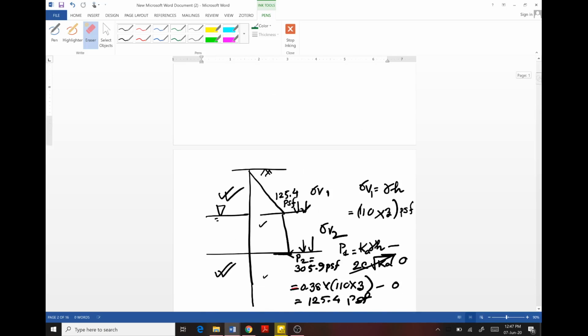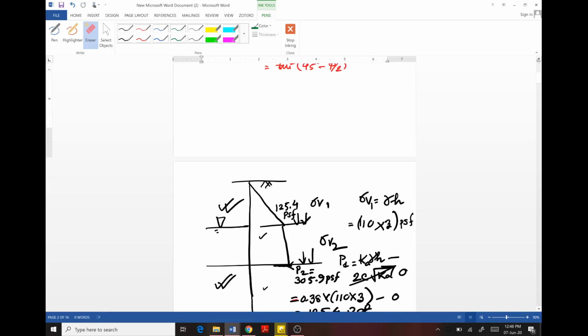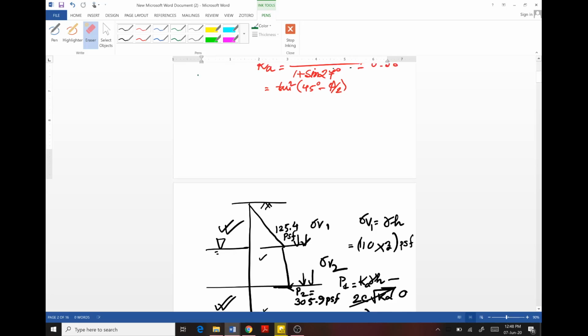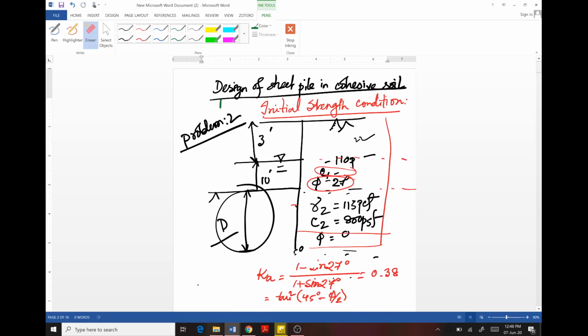So we will have to determine the value of earth pressure at this level. We have determined up to this point, and we will have to determine the value at this point. Let's take this point as 3 for convenience. Then P3 will be determined.